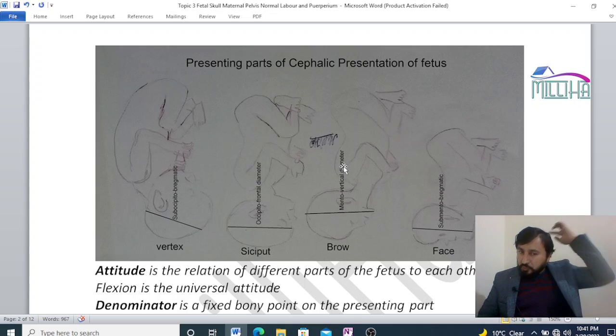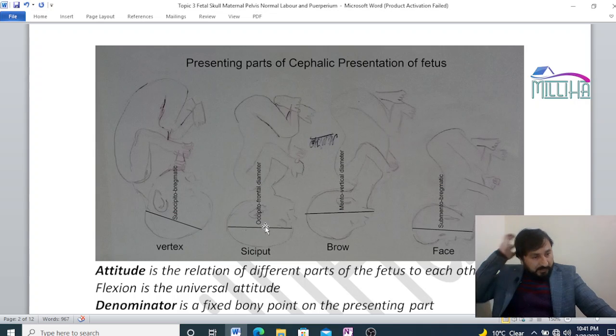From chin to the vertex is called the mento-vertical diameter of the skull. This is the occipitofrontal diameter, from here to the front. Okay, in vertex presentation, the diameter is suboccipitobregmatic. Bregma is here, a star shape. That is the suboccipitobregmatic diameter.